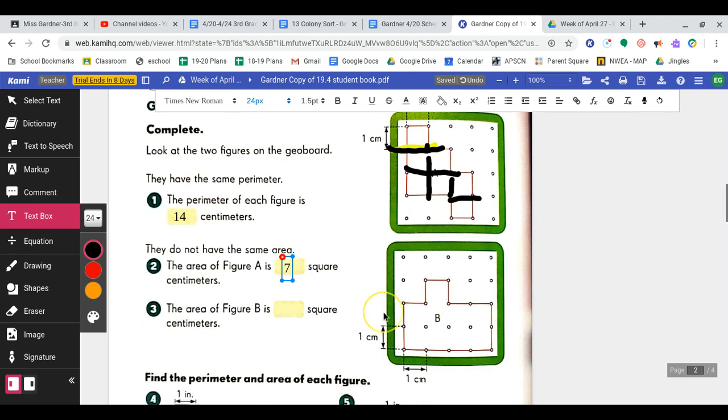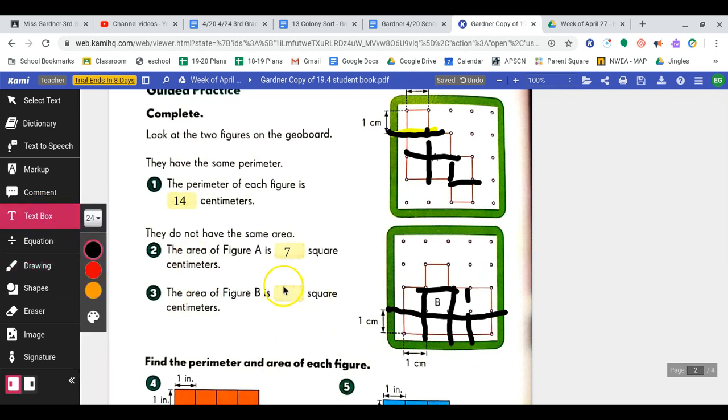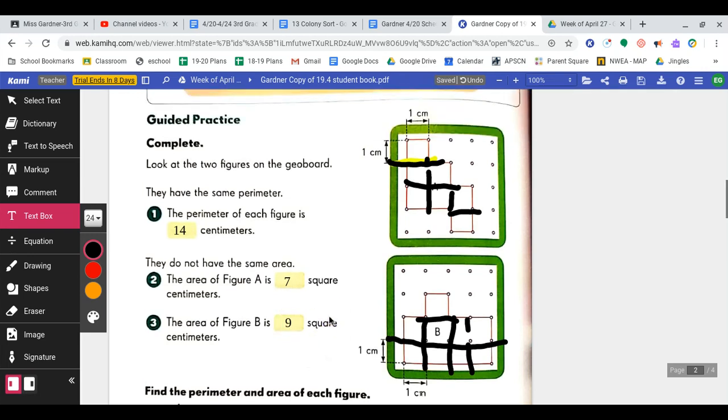Whereas this one, let's still draw out our squares. Okay. This one is how many square centimeters? 1, 2, 3, 4, 5, 6, 7, 8, 9 square centimeters. So both of them have different areas, even though it's the same amount of centimeters around the object.